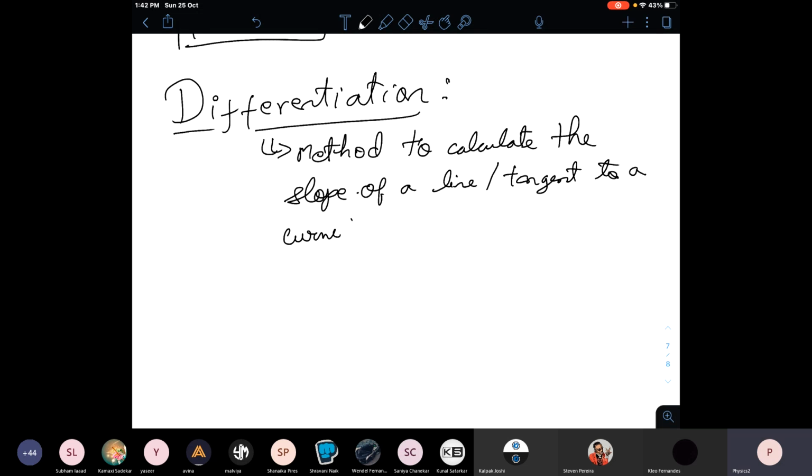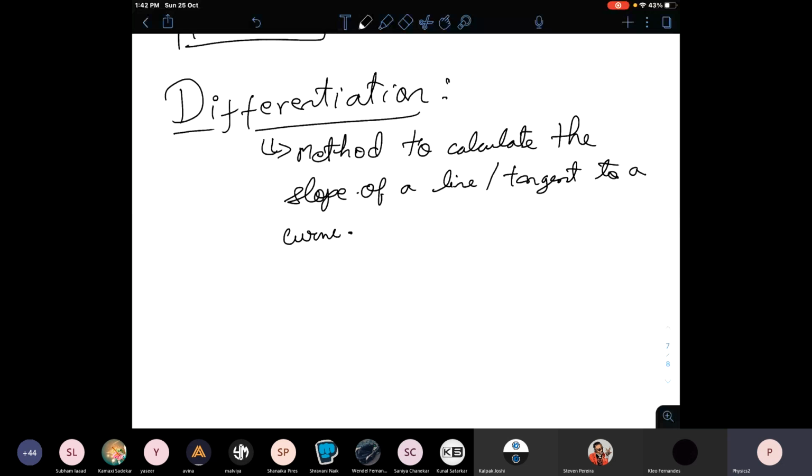This is the main use of differentiation in physics. Mathematics people will keep saying differentiation is something else, but we don't need that. We only need to find the slope of the tangent to a given curve.